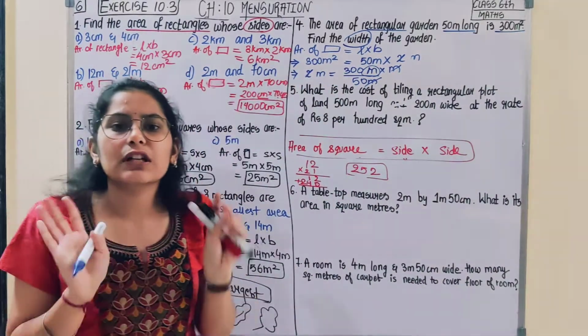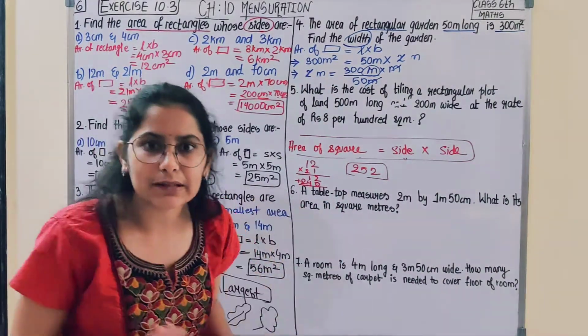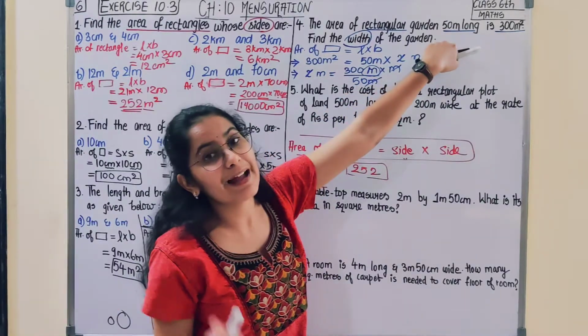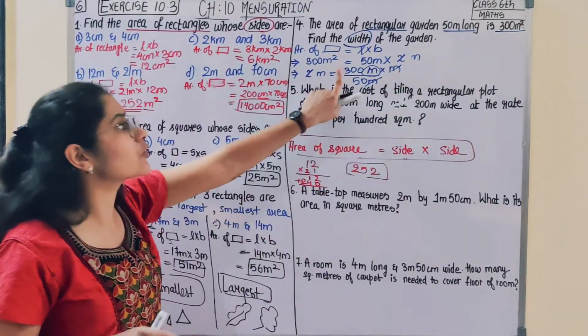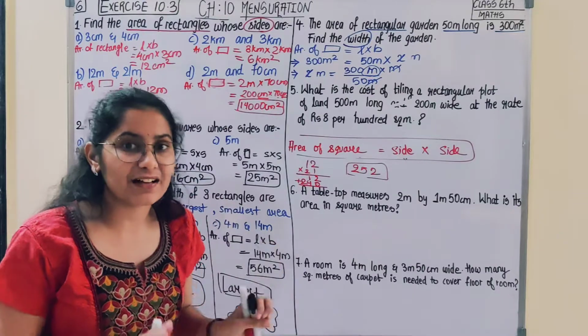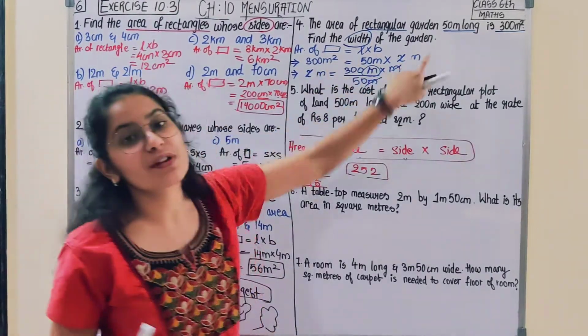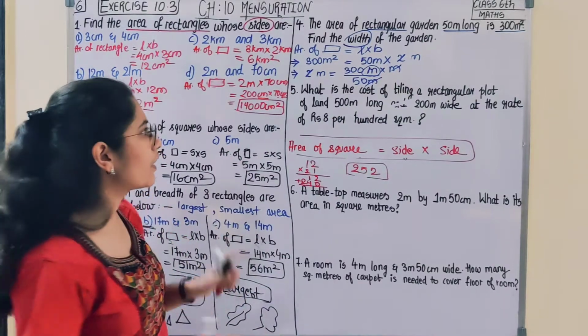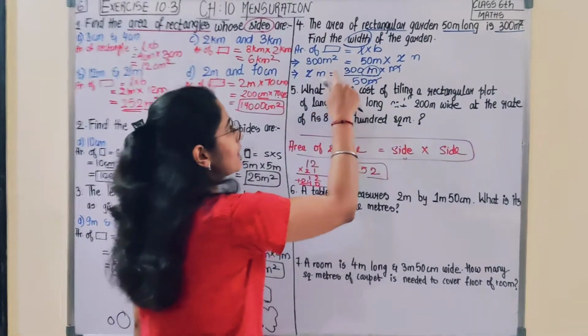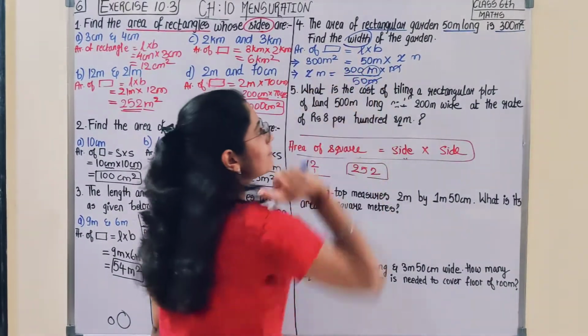We have been asked only to find width. They did not say to do it in centimeter, so in which unit will the answer come? In meter. I am not confusing you, but you have to check at every step whether you are writing correct units or not. So now x meter is equal to 300 by 50 meter.